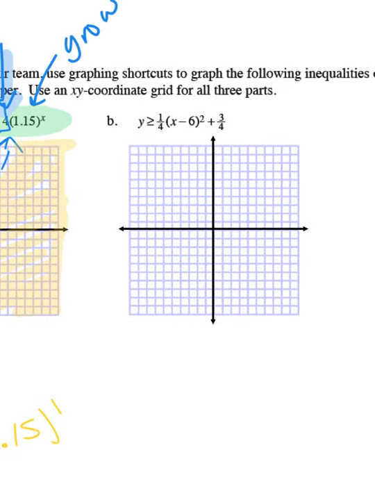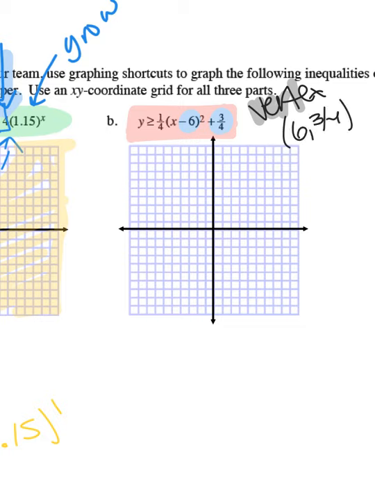In part B, we see another squared. This is a quadratic in vertex form. So the numbers here and here are telling me the vertex, and we would say that the vertex is at positive 6, 3/4.